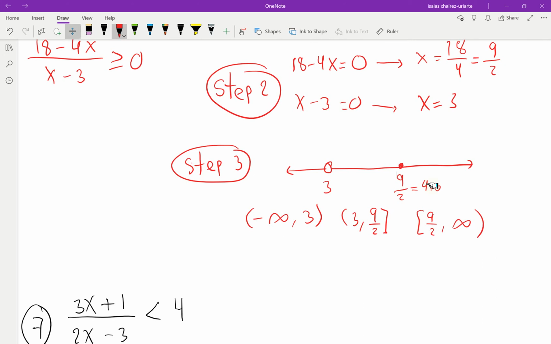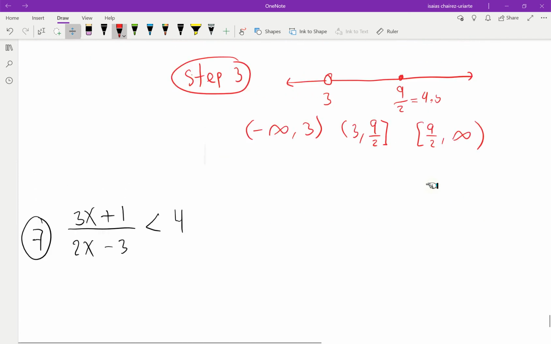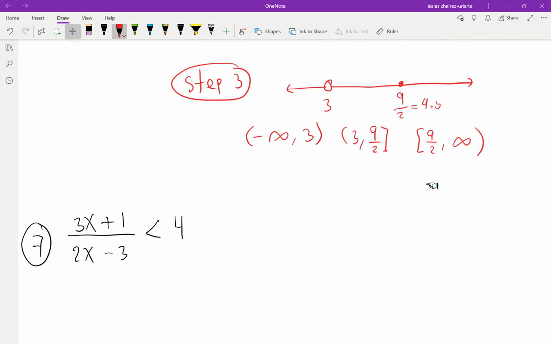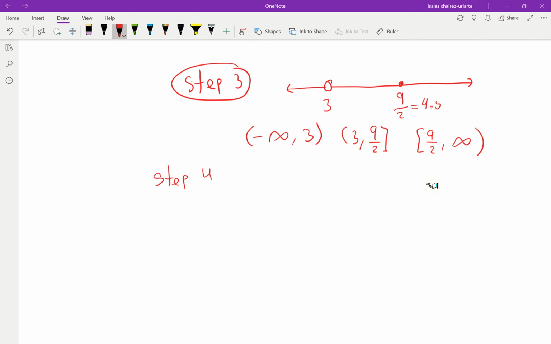Okay, and now what I've got to do is step 4, which is to test values. So let me pick a value from this interval.